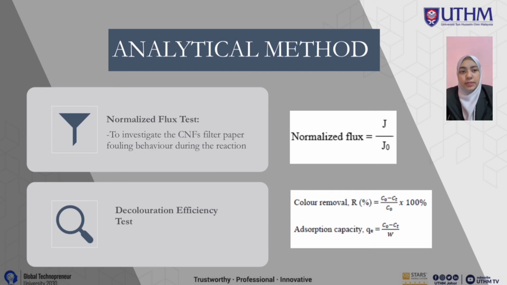The values will be determined by plotting a graph of normalized flux against operating time. J is the instantaneous permeate flux, and the other one is the initial pure water permeate flux.